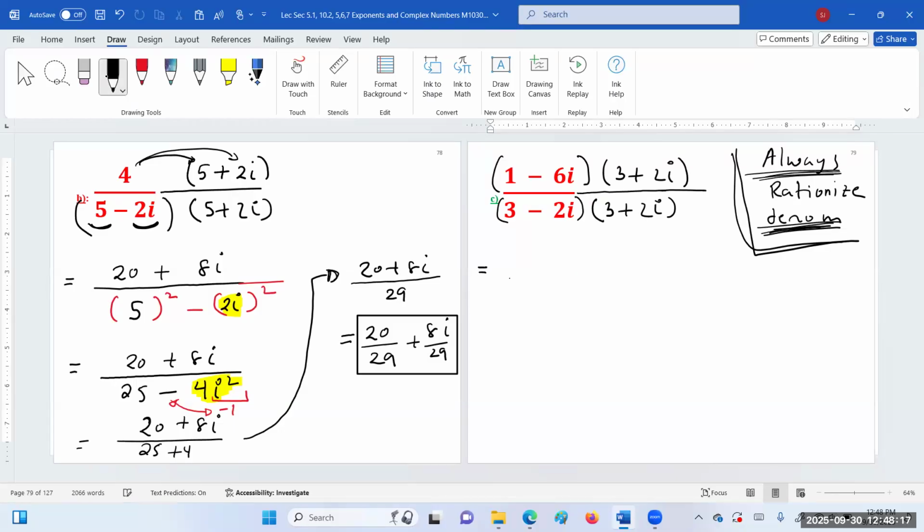And now let's do the denominator first. Who can tell me what you get on the denominator without using FOIL? Lisa, no problem. Go ahead. The whole thing squared. So what do you get from there?